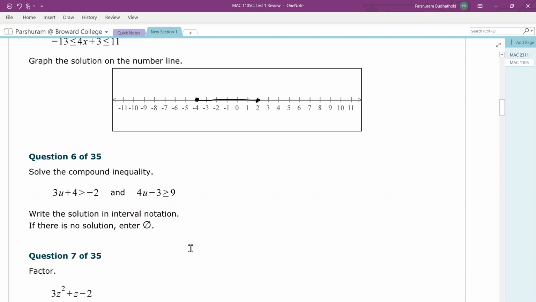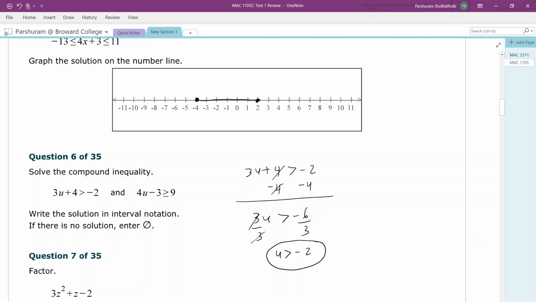Let's solve it. 3u plus 4 is greater than 2. Just subtract 4. So 3u is greater than negative 6. If we divide both sides by 3, u is greater than negative 2.